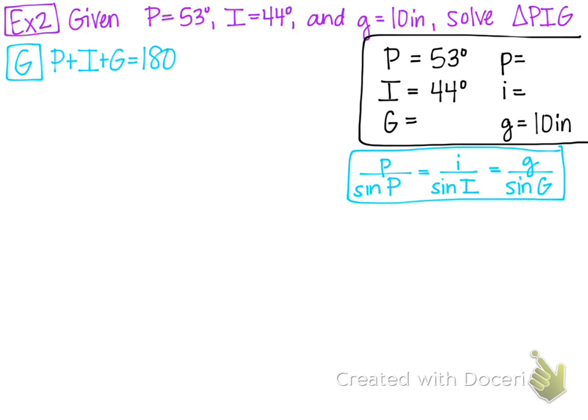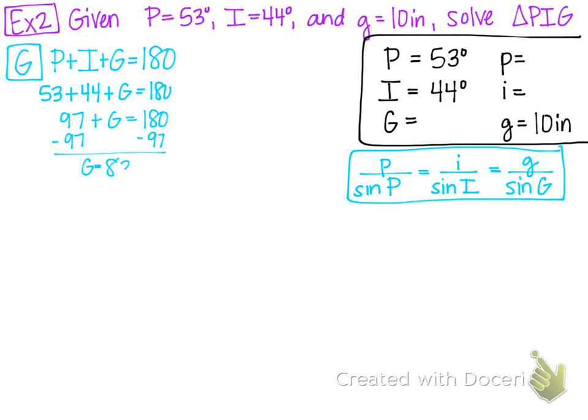So P is 53 plus I, which is 44, plus G, which we don't know, is equal to 180. So 53 plus 44 gives me 97, plus G is equal to 180. Then if you subtract 97, you get that big G is 83 degrees.